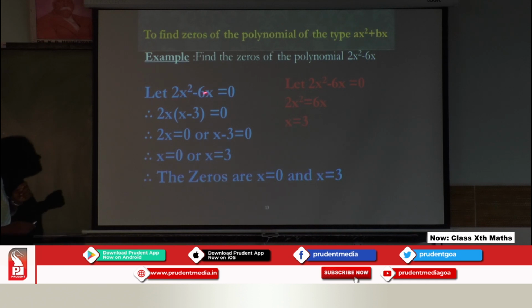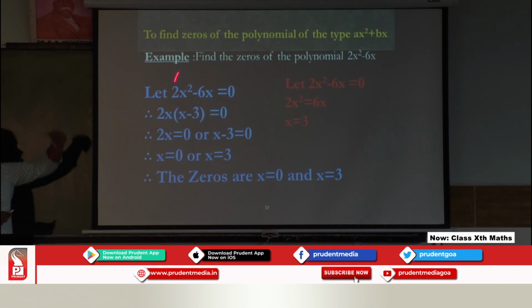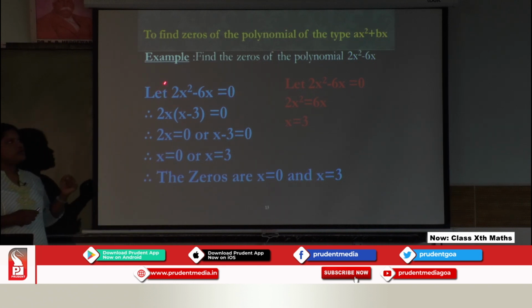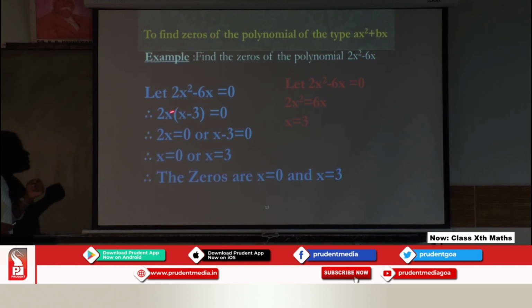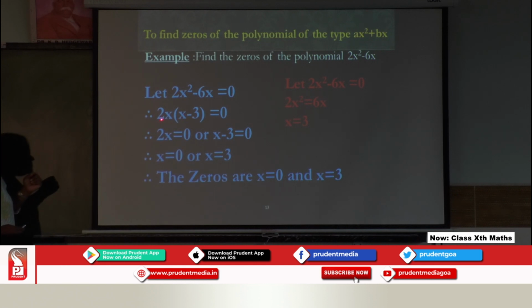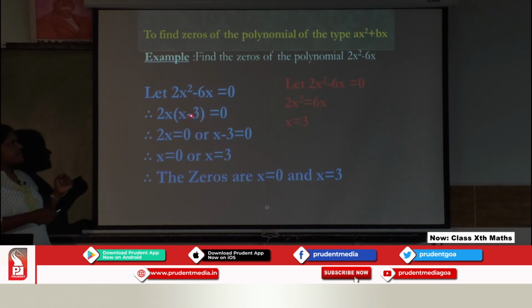Let 2x square minus 6x is equal to 0. What we are supposed to do is that rather than shifting the term, we take the common factor out. For 2 and 6, the common is 2, and for x square and x, the common is x. So what is left inside the bracket? Here x, because 2x into x is 2x square, and here it will be 3 because 2x into 3 is 6x.